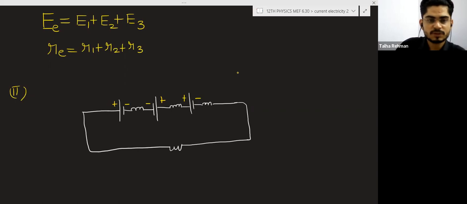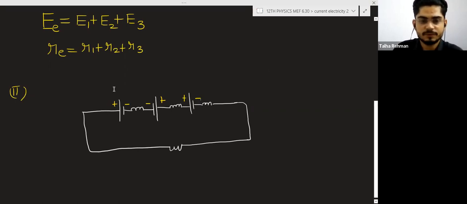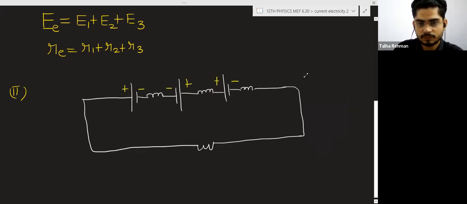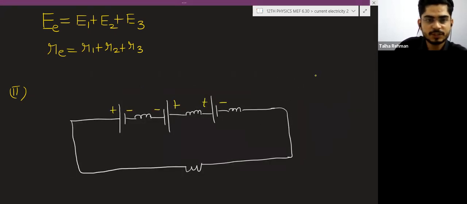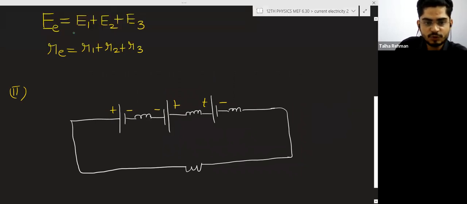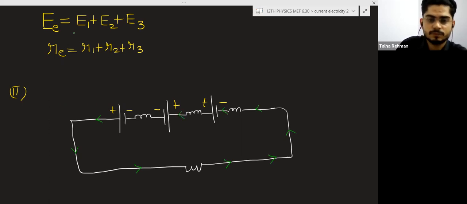So suppose you have to choose the direction of current. Just choose the direction of current here. I am choosing the direction of current. Current is flowing like this. So in this cell, the current is leaving the positive terminal.